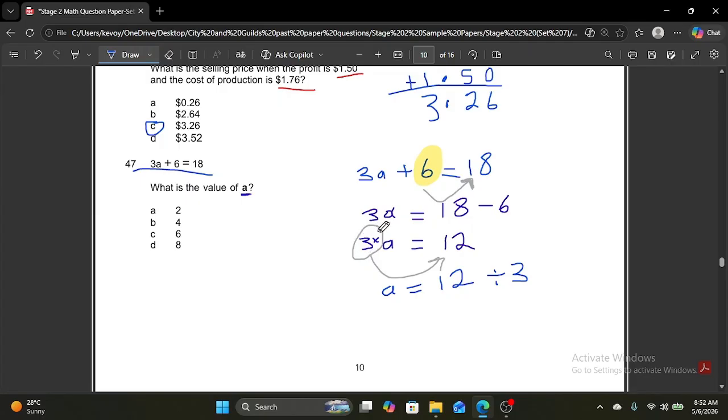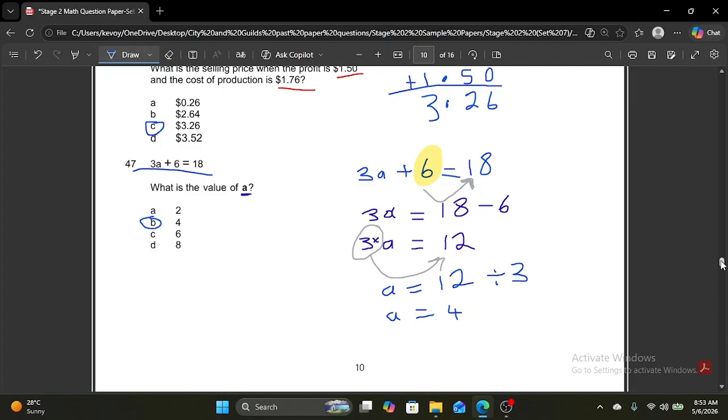So remember, whenever we move numbers from one side of the equal sign to the next, the sign changes to the opposite. So multiplication will change to division, but the number must always remain the same. So now we have 12 divided by 3. So a now will be equal to 12 divided by 3 is 4. So a is equal to 4.